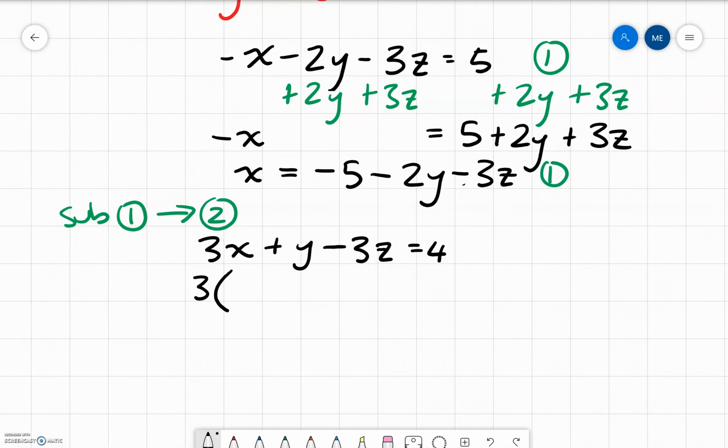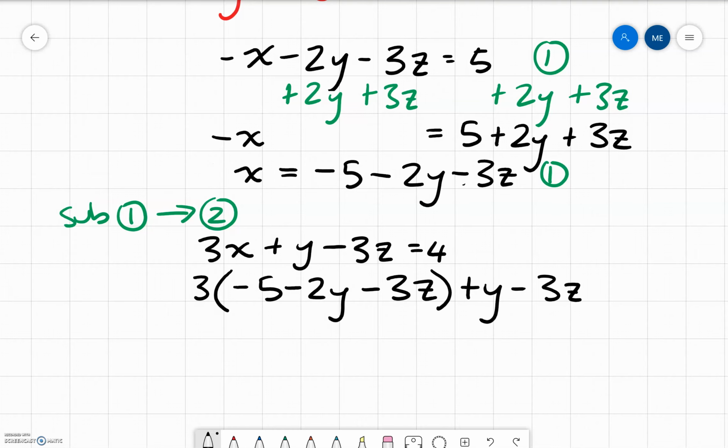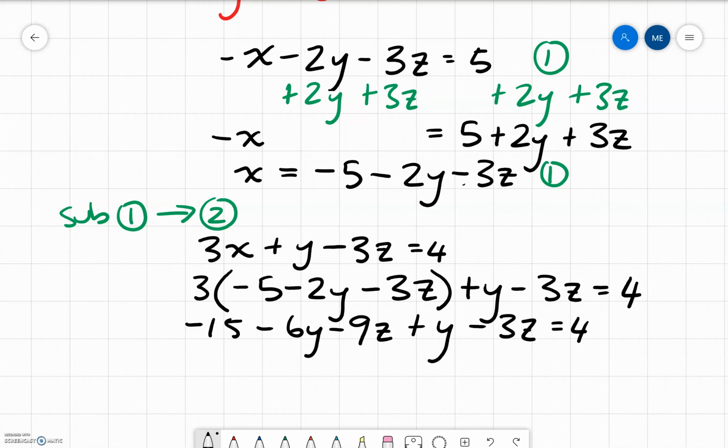So 3 lots of negative 5 minus 2y minus 3z plus y minus 3z equals 4. I'm going to expand out the brackets by multiplying, which gives me negative 15 minus 6y minus 9z, and then plus y minus 3z equals 4.